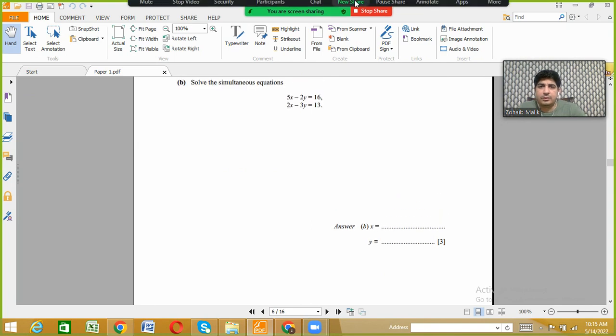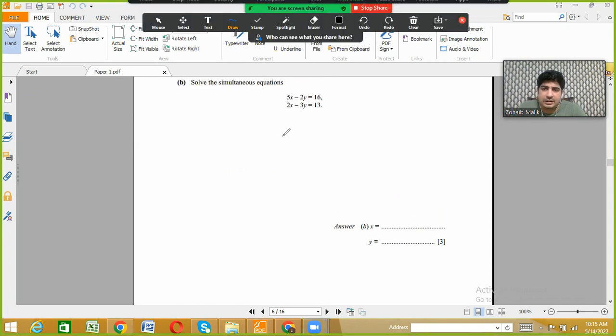So for part B, here we can see a simultaneous equation and no method is recommended. As we know, there are three possible solutions of the simultaneous equation: the substitution method, elimination method, and the graphical method. When no method is recommended, usually in CIE they never recommend any method.